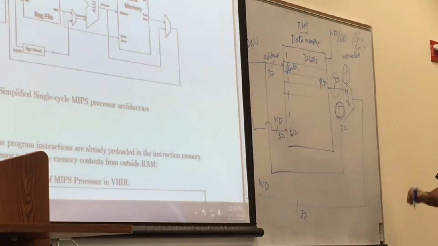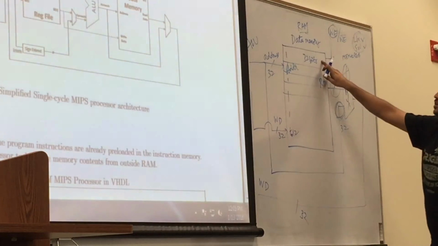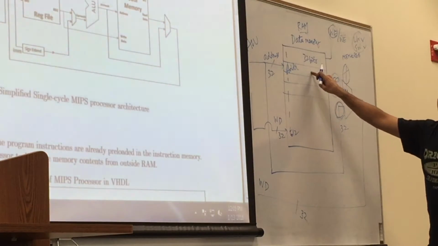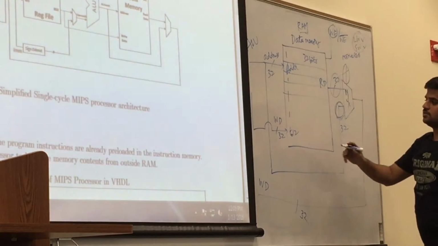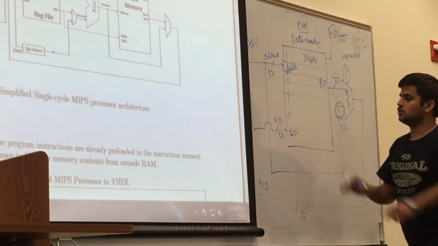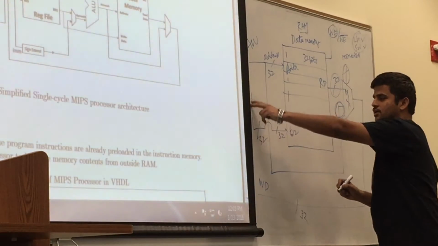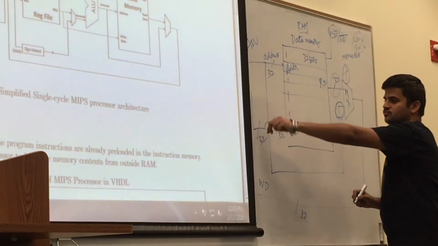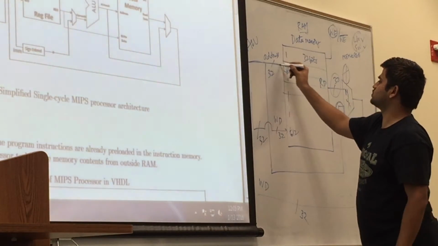That is why you have the data memory, either to write data or read data. If write enable is high, then you will write the data into data memory. If the write enable signal is low, then you will read the data. You'll get the 32-bit value from this pin, and you have the address over here.